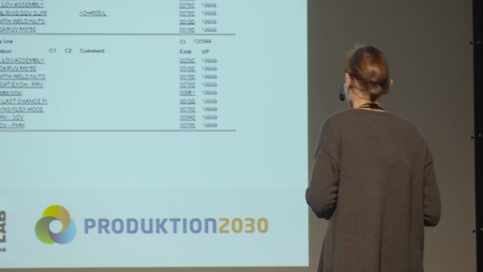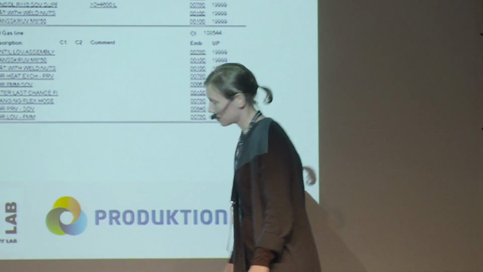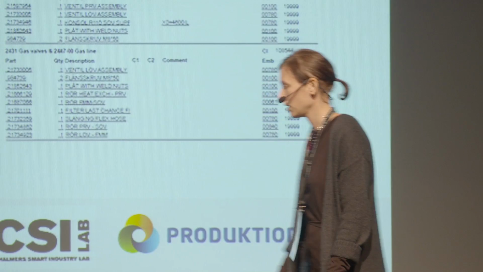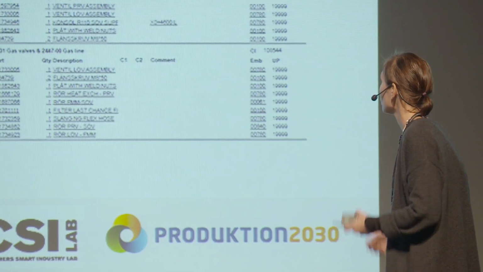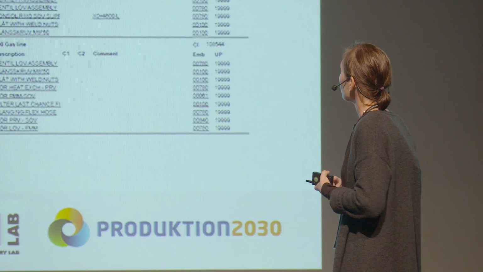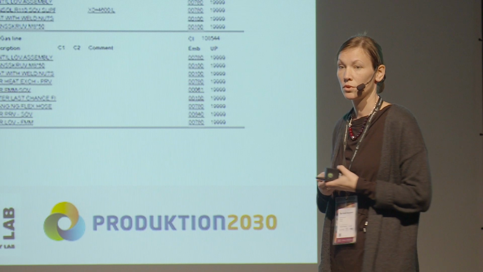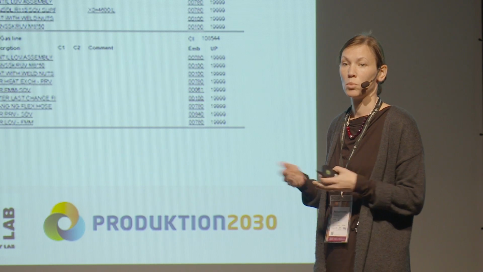And now you can't even see it, but this is actually how it looks at Volvo trucks. They only have text-based assembly instructions. It's basically a list of components that should be assembled.